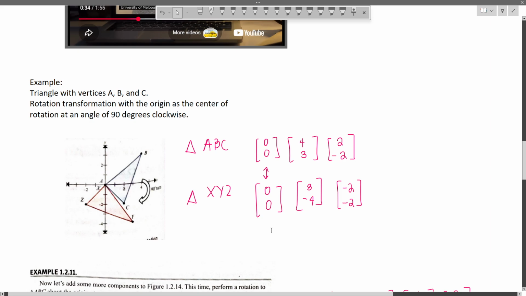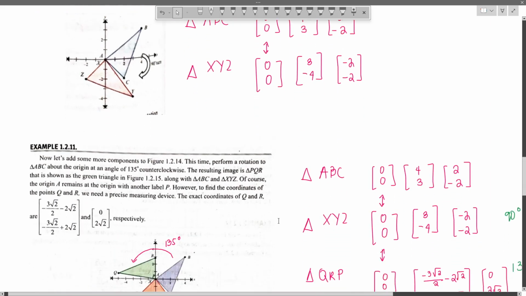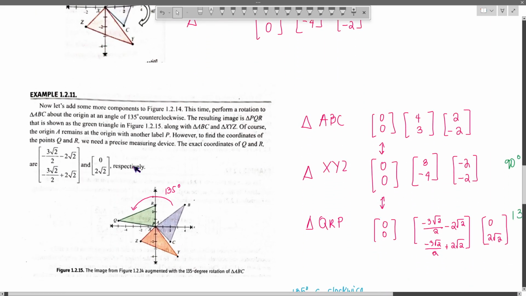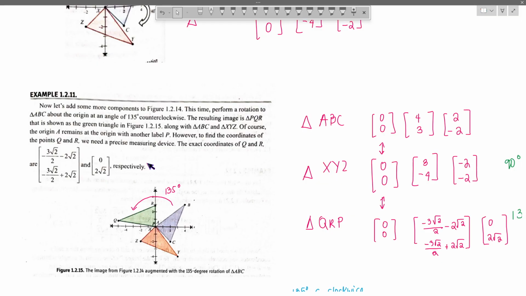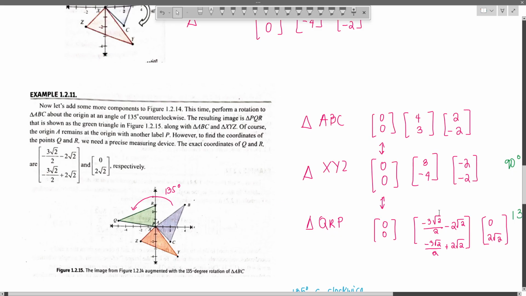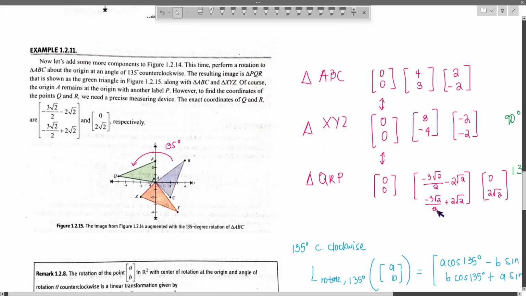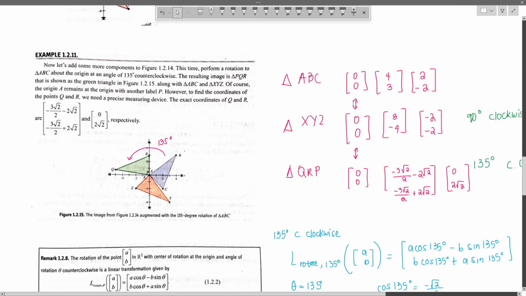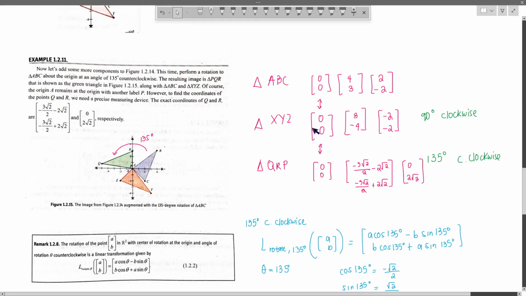Now, aside from that, let's have another example. If we rotate it 135 degrees counterclockwise, these are going to be the points that we have. So we've done XYZ already, right? 90 degrees clockwise.